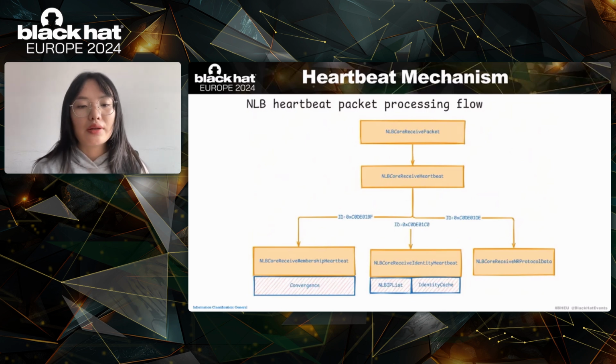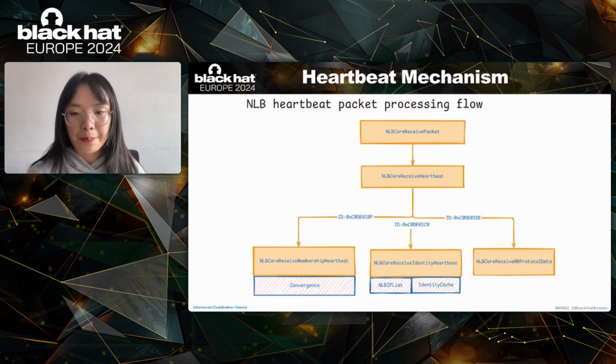If there is any other protocol data in the heartbeat packet, the NLB core receive NR protocol data function parses it and updates the status of the cluster at the same time.